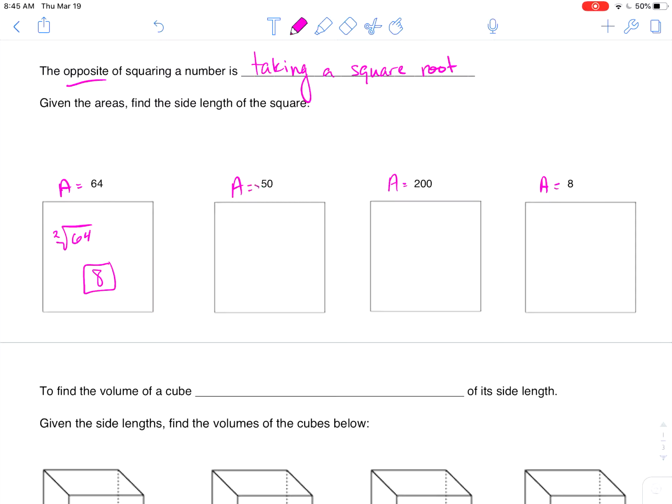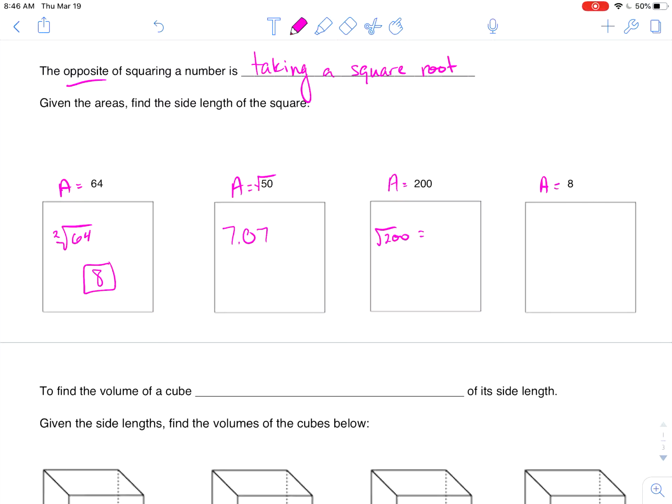So here, you're going to have to use a calculator, or you can use Google to find the square root of 50. 7.071. And again, we want to round to 2 decimal places. 1 rounds down. Why don't you guys pause the video here and try these last two, and then unpause and see how it went.